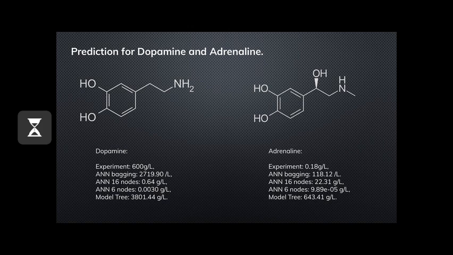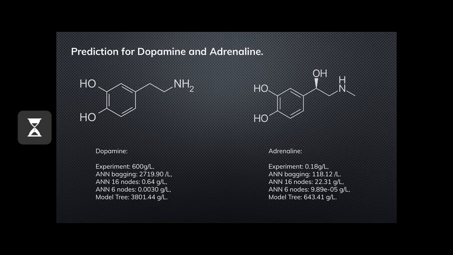You can see bagging for dopamine is a little bit less than 3,000, and the model tree is a little bit smaller than 4,000. For adrenaline, bagging has 120-ish grams per liter, and the model tree is more than 600 grams per liter.